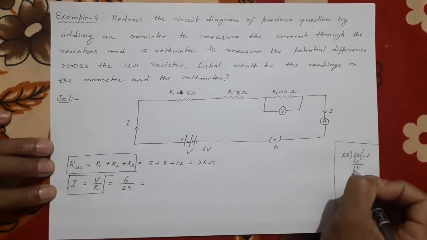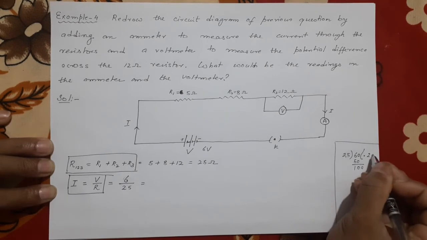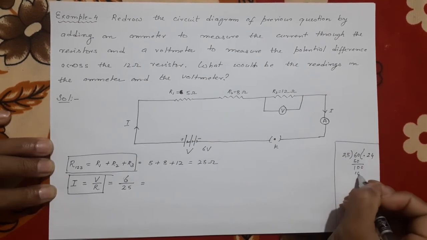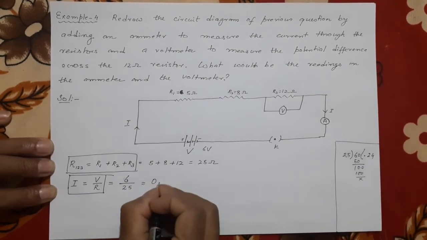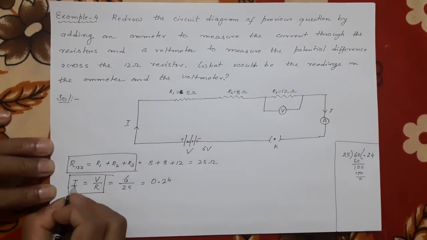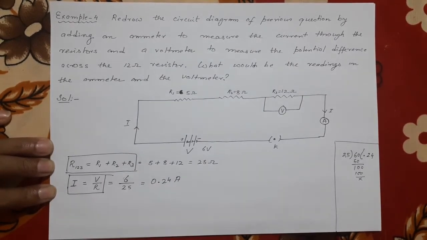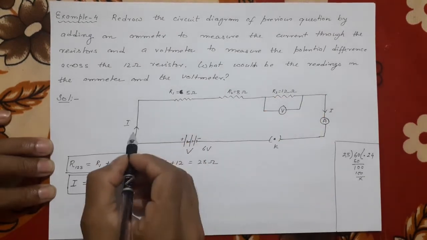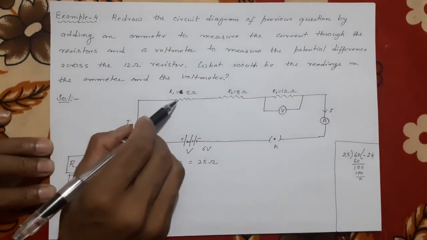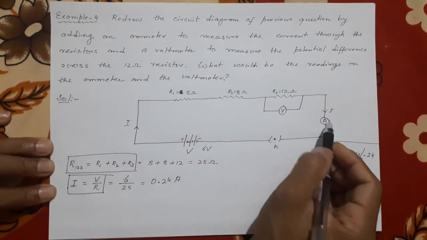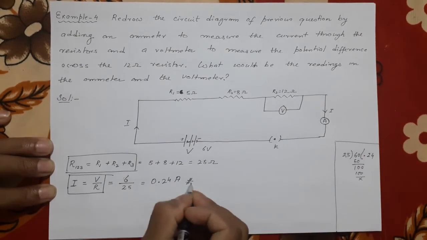It will become 10. 0 will come. 25 4s are 100. That means this is 0.24. Current means ampere. So I got the reading in the ammeter, because same current will pass through here, through here, through here and the ammeter. The first answer is 0.24 ampere.